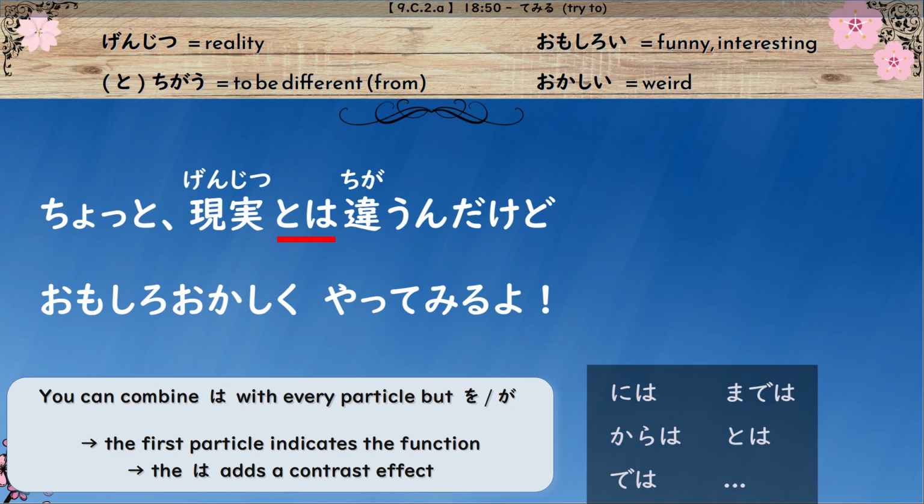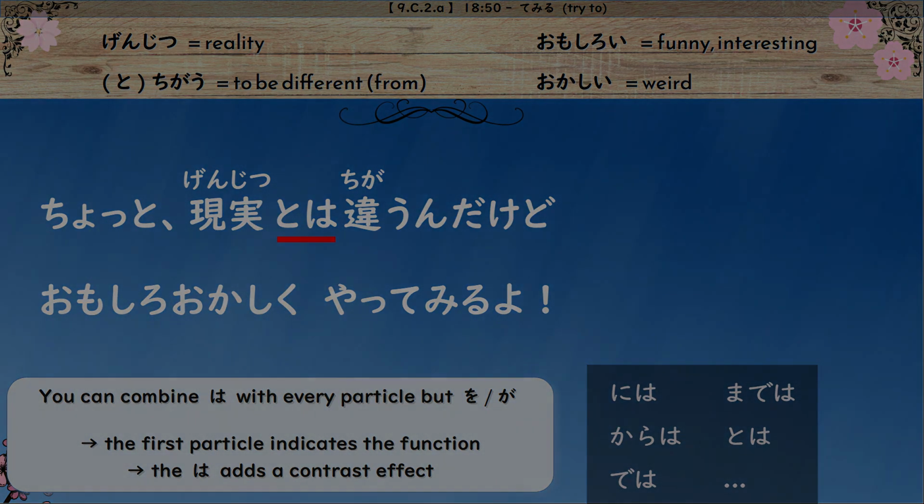So you can place it almost everywhere, while the other particles are not so flexible. You have to use them a specific way, and you can't do whatever you want with them. So don't be surprised if in a sentence you see Tokyo ni wa, kore de wa, koko kara wa, etc. It is completely normal. And once again, in many situations, you won't even translate it, because the contrast wa is most often very hard to translate in English, because once again, it's some context grammar that is very subtle. So once again, it won't bother you when you want to translate.